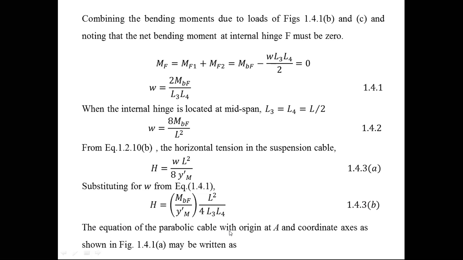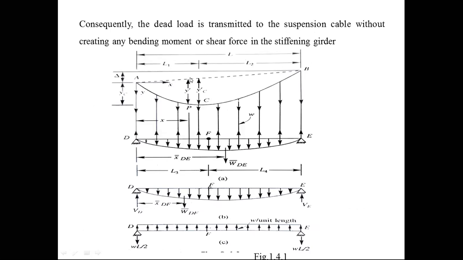Now you can write the equation of parabola with the origin at A. The coordinate axis is shown in the figure. I will show here. Are you following my cursor? Let us take the coordinates X and Y, left support, at any point P at a distance X and Y dash from the inclined line and from the horizontal line YC.